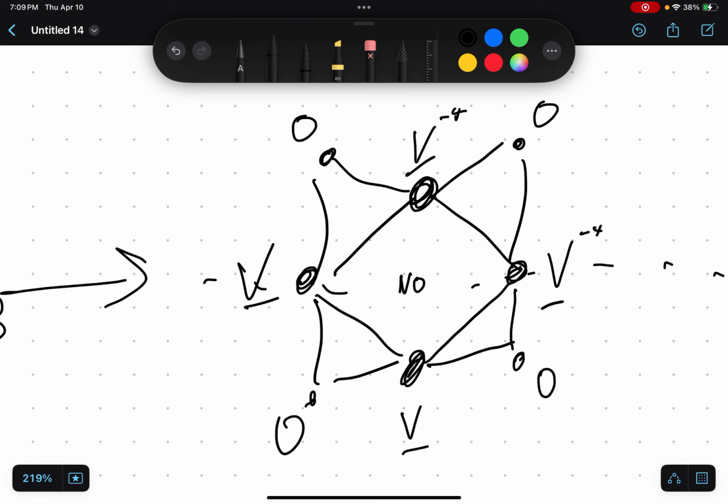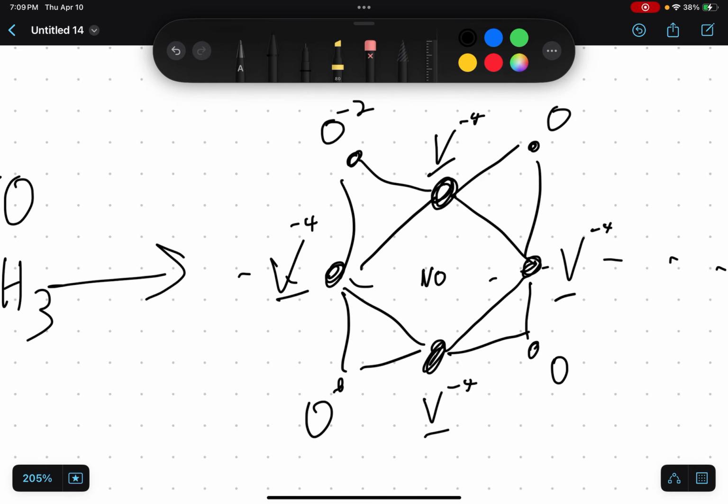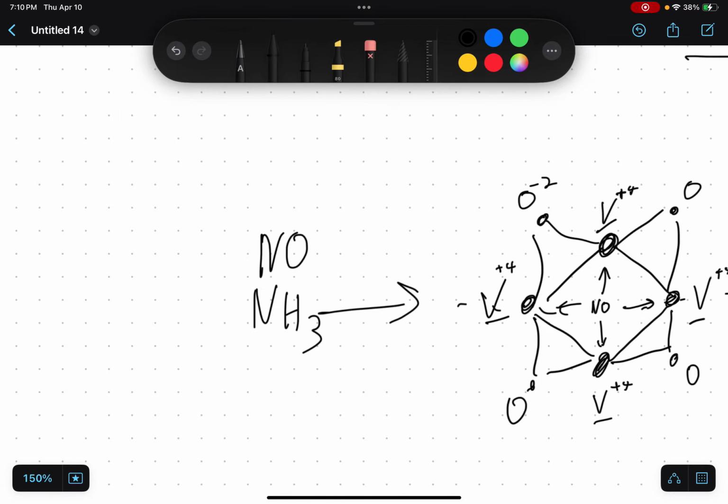They're extremely polar, right? Doesn't really matter what it is, they're like -3 or -4 depending on how many oxygens there are, and oxygens are -2, so they're kind of polar. So these would be plus something, they could be +4, they could be +3, but you get the idea. Vanadiums are super polar, so they literally pull on that molecule. They pull it on all 4 sides, and they rip it apart.